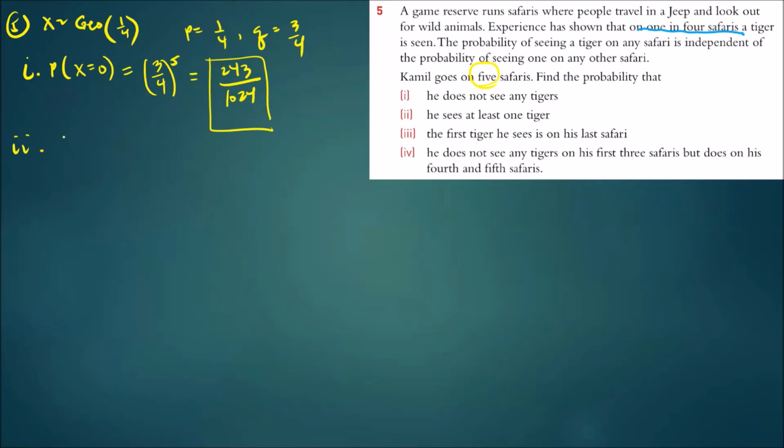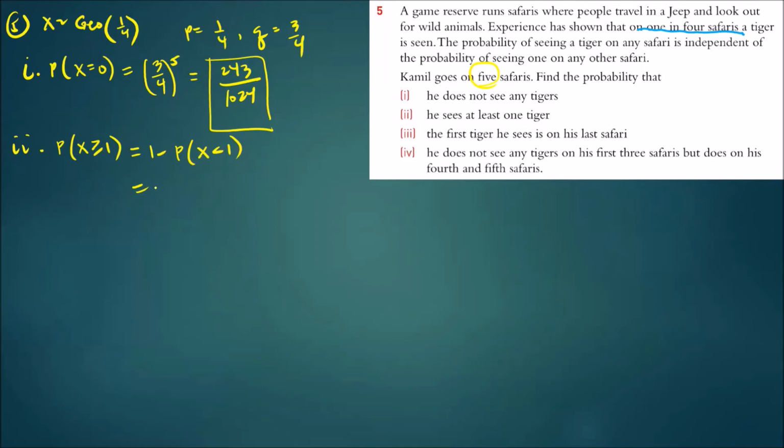Okay, let's go to II. The probability that he sees at least one tiger. At least one tiger, so X is greater than or equal to 1. Again, this is difficult to solve, so instead, let us get the complement. That's 1 minus the probability of X less than 1. And we have solved this already, right? No, not yet.